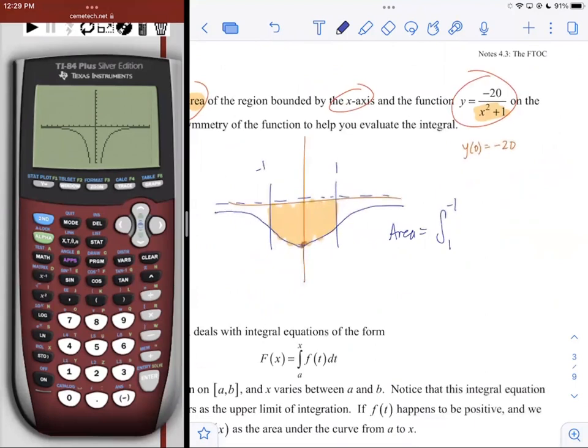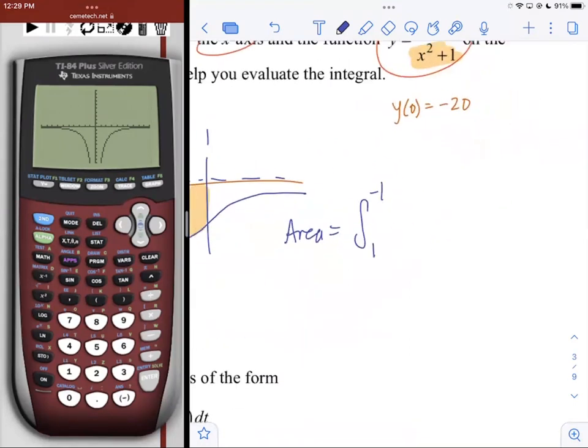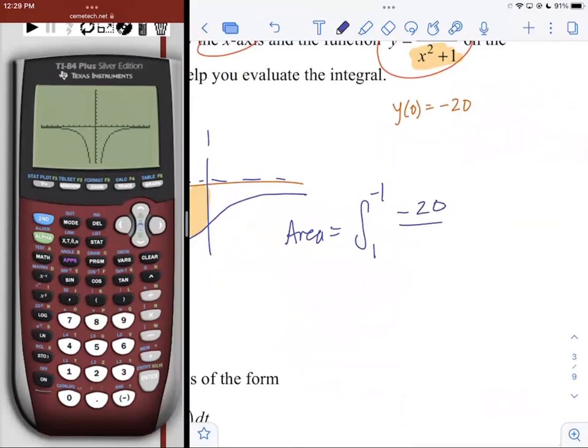And then I don't have to worry about splitting it up into two different integrals, because the entire thing is negative. If I integrate the whole thing from right to left, it'll make it positive. Good. And so now if I set it up, this is what it looks like. And you'll get a check for the setup.